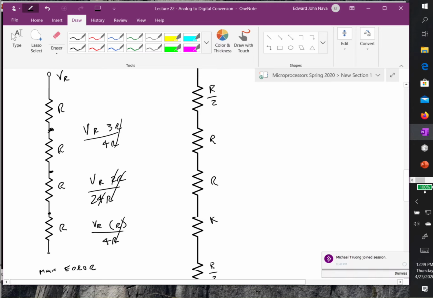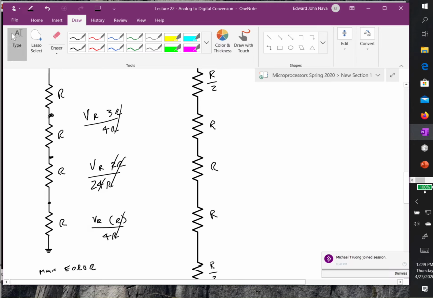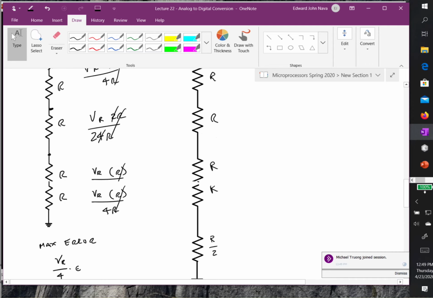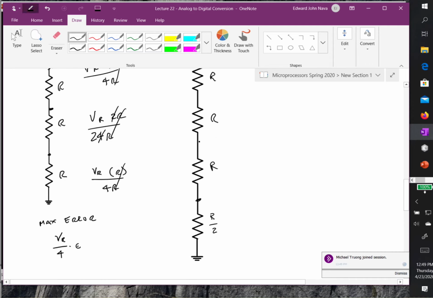I still have my 4R as my total resistance, but now if I look at this structure, this voltage here is going to be R over 2. So here's VR, R over 2 times 1 over 4R. So now this is equal to VR over 8.